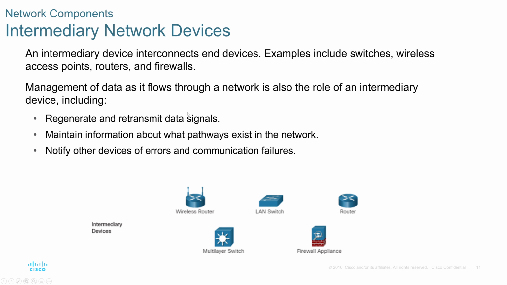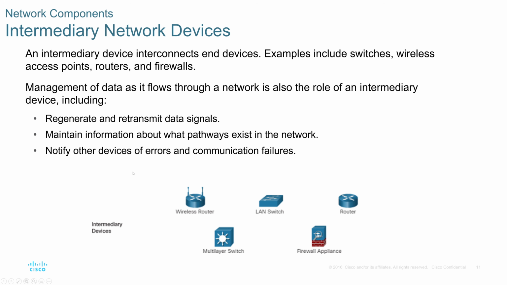They also do things like regenerate and transmit data signals, maintain information about what pathways exist in the network, and notify other devices of errors and communication failures. In our future videos, we will look into how the network tables work and how they switch packets between these devices.